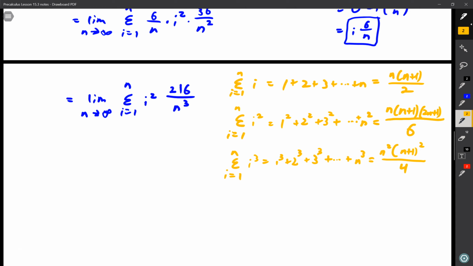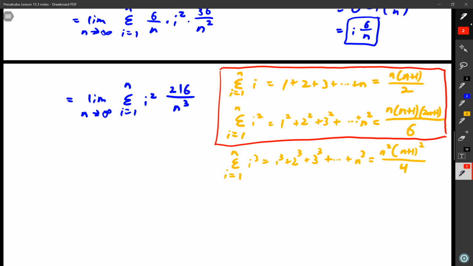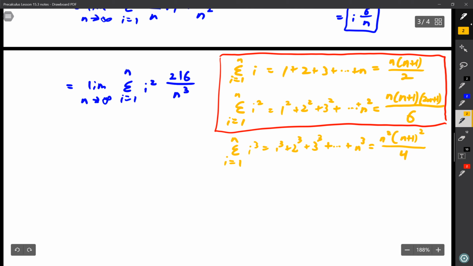Now, I will say this. These first two you need to memorize for the test. There are also formulas for n to the fourth, n to the fifth, etc., but just these first two. Because what these allow us to do is they allow us to do this.